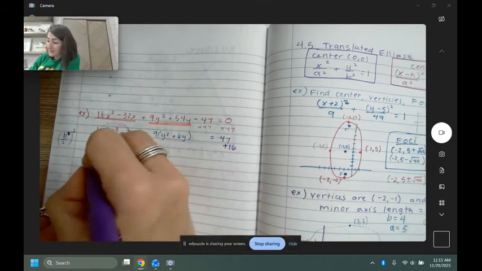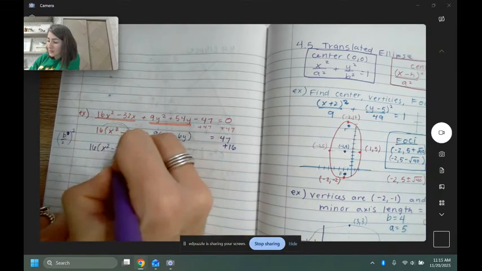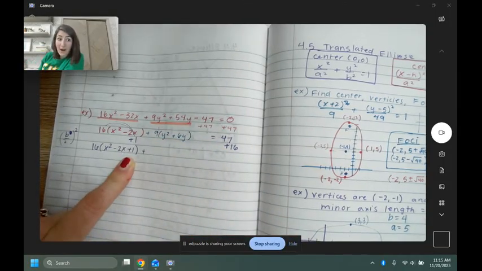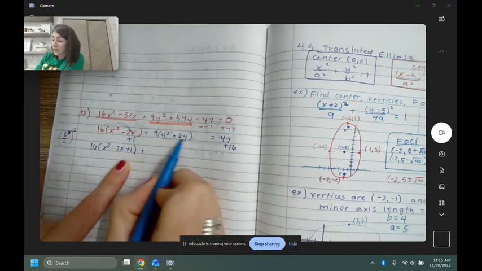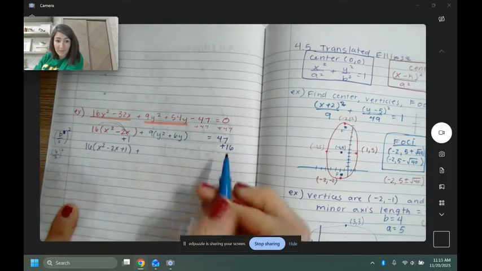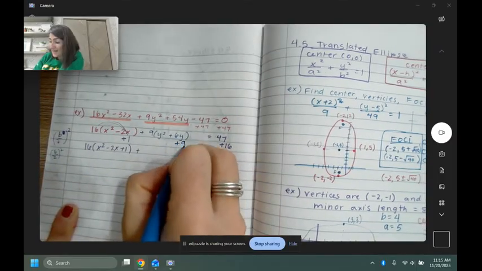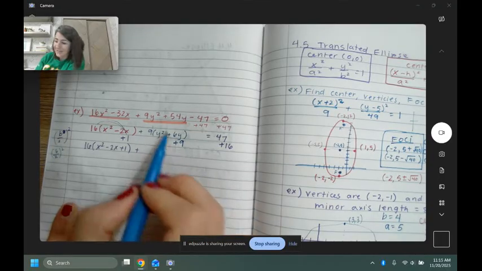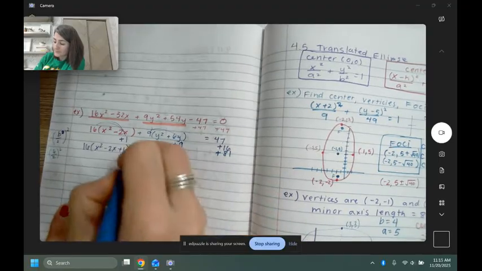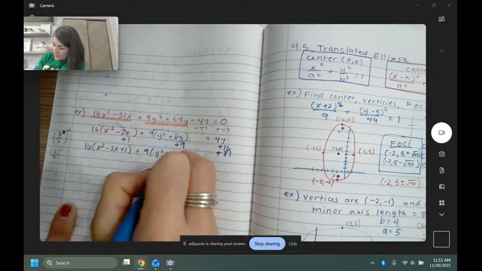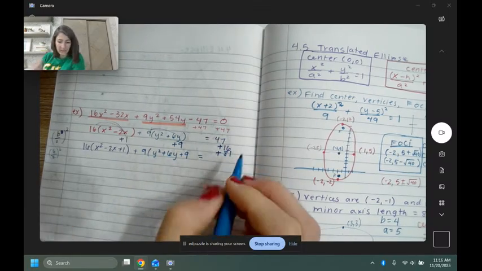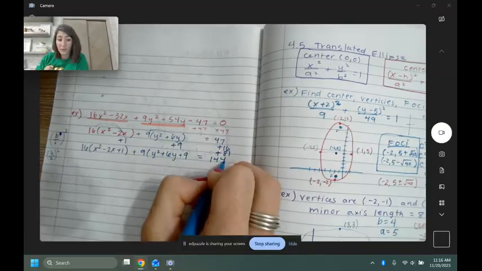Because then I can write this as 16 times x squared minus 2x plus 1. Great. Now for the y's, I want this to be a perfect square. So 6 divided by 2 is 3. 3 squared is 9. I want to add 9 here. But this isn't really just adding 9. It's adding 9 times 9, so plus 81 over here. y squared plus 6y plus 9 equals then 47 plus 16 plus 81 is 144.